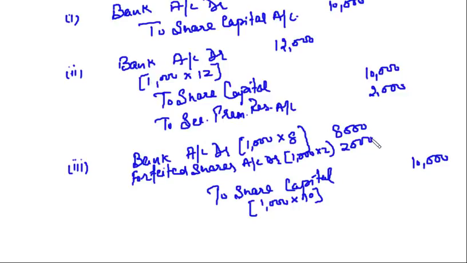Why? Because the company will not otherwise issue shares at a discount. Company doesn't want to be at a loss. Otherwise, if in the market your share is selling at 10 rupees and you are selling your share at 8 rupees, then you are at a loss of 2 rupees. Why would you issue at 8? In case of reissue, the company can issue at a discount. Say the company forfeited 1000 shares.